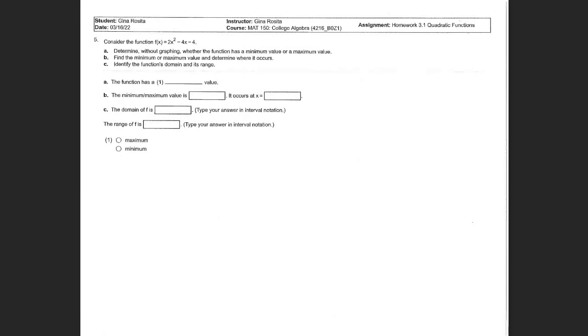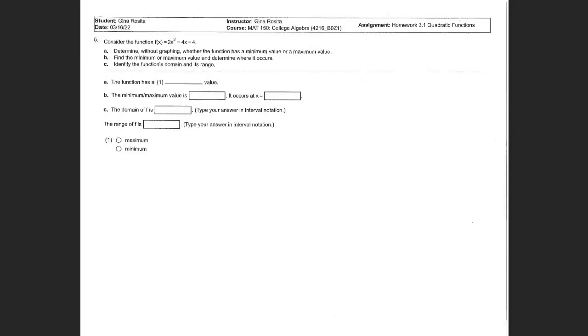There are 3 questions. A. Determine without graphing whether the function has a minimum value or a maximum value. B. Find the minimum or maximum value and determine where it occurs. C. Identify the function's domain and its range.